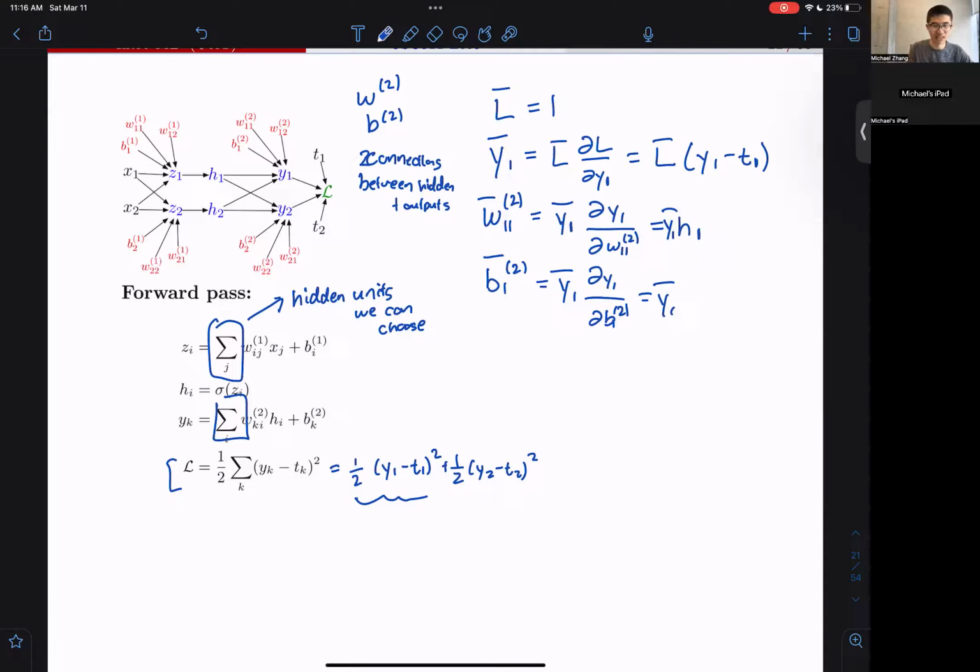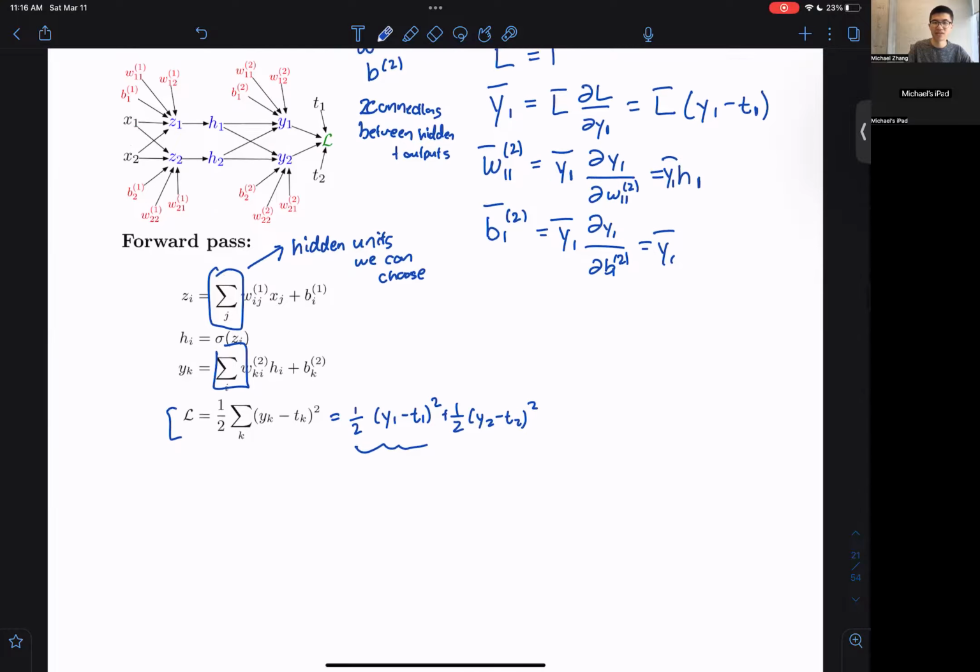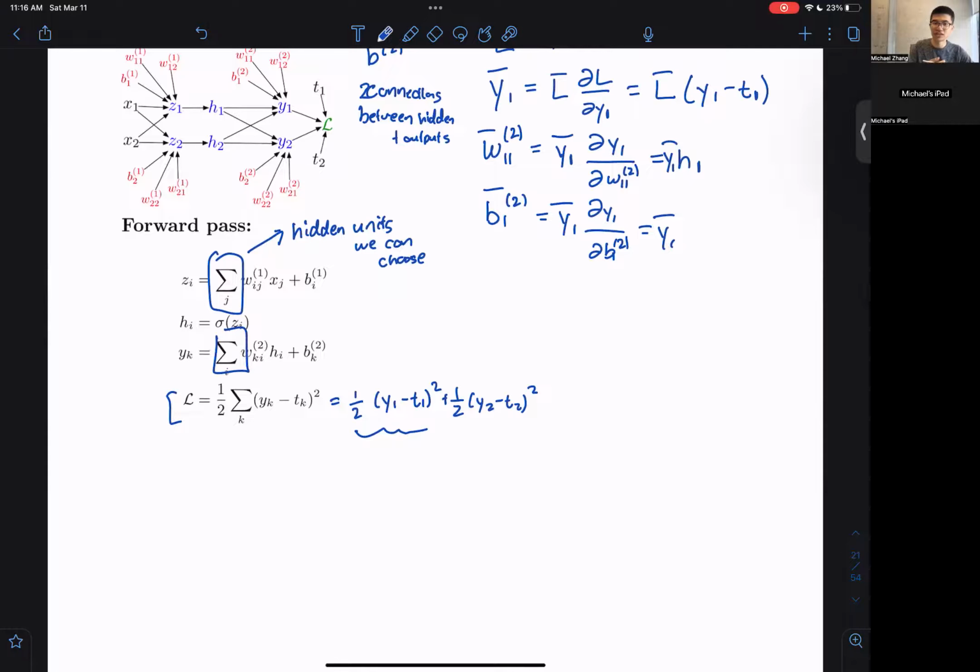The calculations for y2 are going to be very similar, but the really tricky thing here is probably finding out what h1 bar is, because h1 affects both y1 and y2. So in general, we actually need a summation here because h1 affects both y1 and y2.